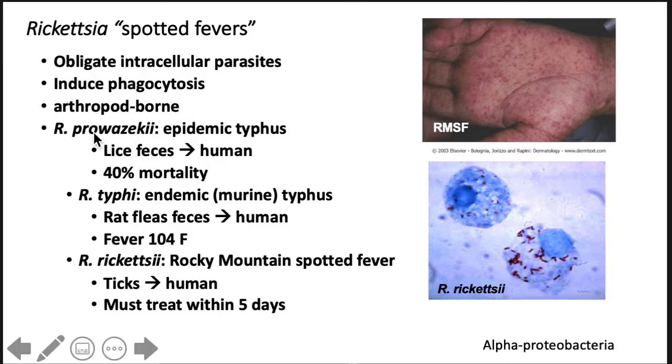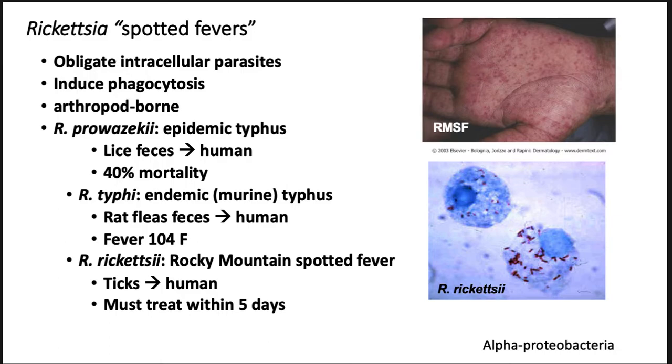Going back up to the top, we have Rickettsia prowazekii, known as epidemic typhus. Epidemic typhus is caused by lice feces, and from there goes to humans. It has a very high mortality rate of 40%, and some characteristic symptoms include light sensitivity, low blood pressure, severe headache, and confusion.